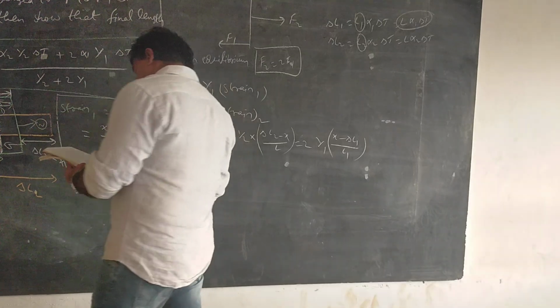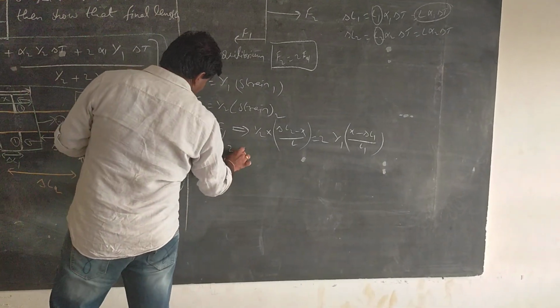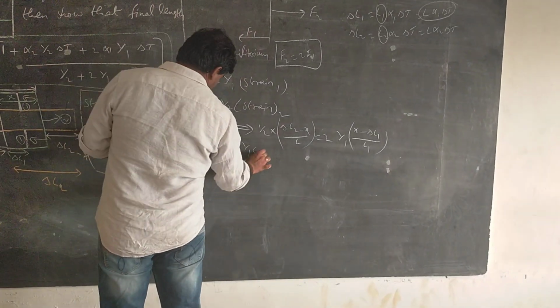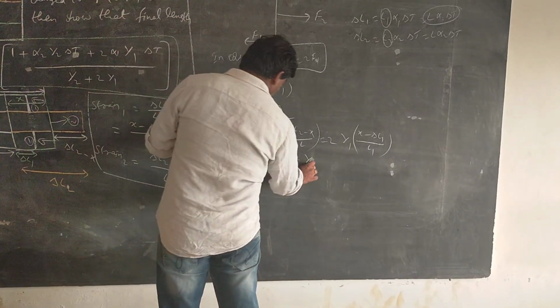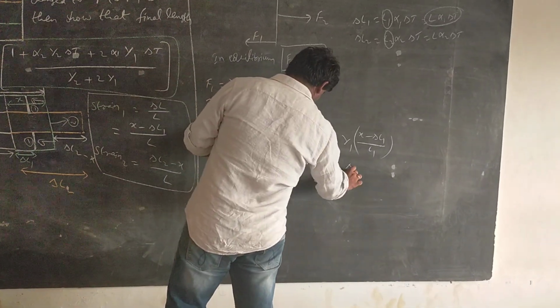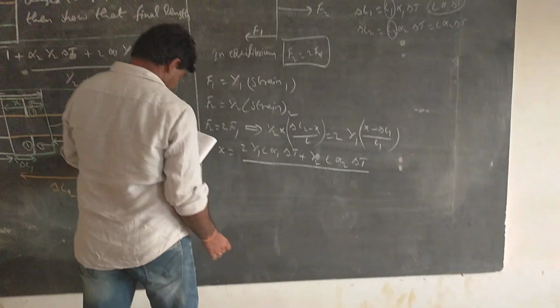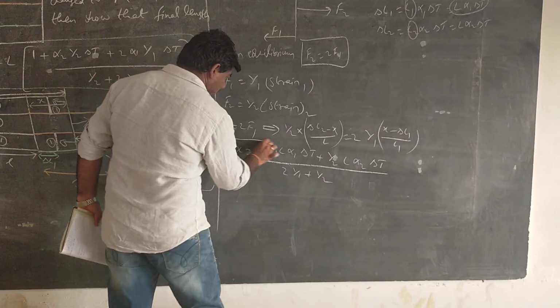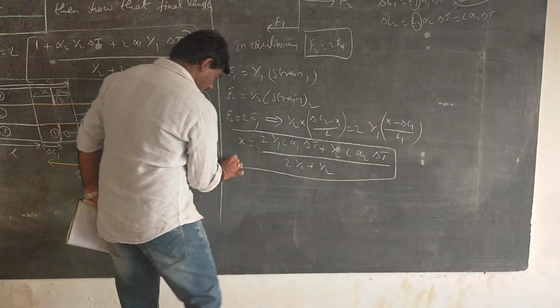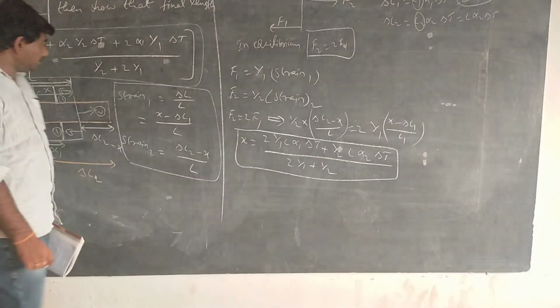Finally you will get x is equal to 2Y1, and so on. So x you will get this.